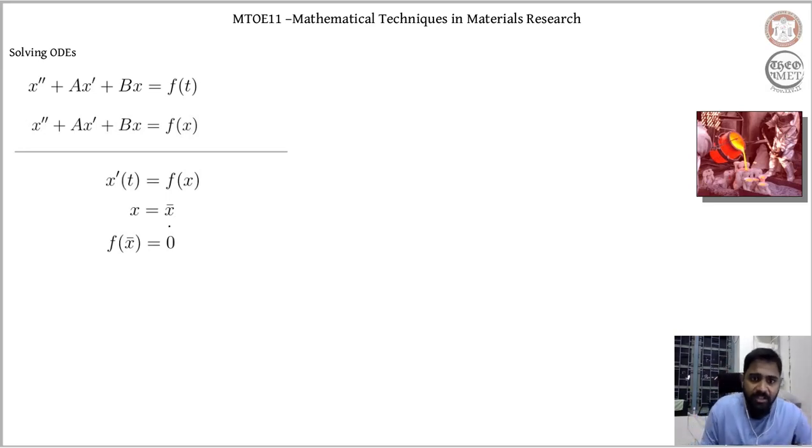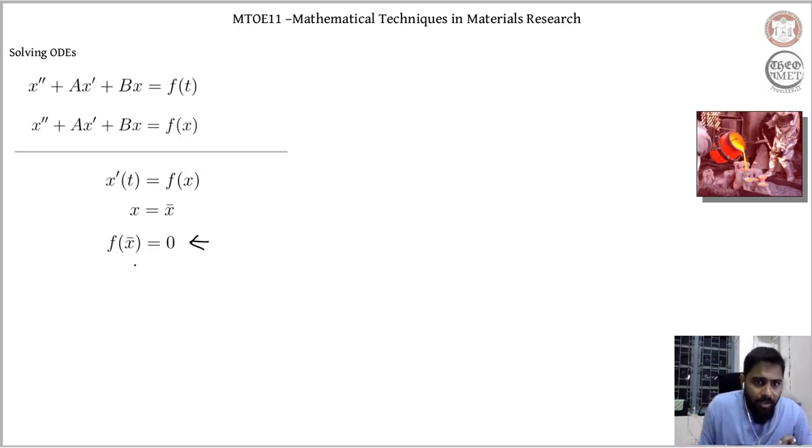We have assumed a position x bar wherein the momentum experienced by the atom is 0. It means I can write f of x bar as 0. Now under such a case, when I have f of x bar to be 0, meaning momentum experienced at x bar to be 0, I can rewrite this entire condition based on f of x bar as something like this.